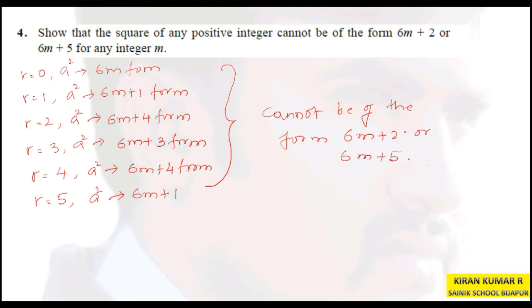Will you try this? What you need to do is, you have to consider the value of b to be 6, such that there exist m and r satisfying a is equal to 6m plus r. Will you try this? Yeah, it's easy. You can try this.